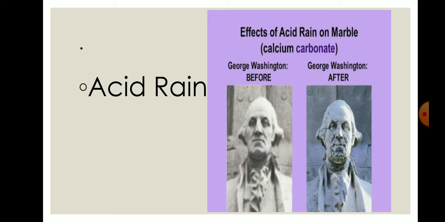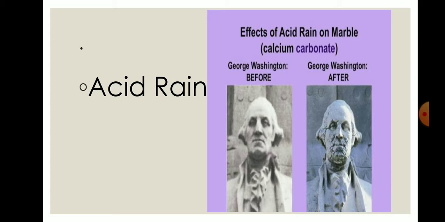Students, this statue is made up of calcium carbonate, which is a somewhat harder substance, and this acidic rain causes damage to this calcium carbonate. So can you imagine how dangerous it is for your body?